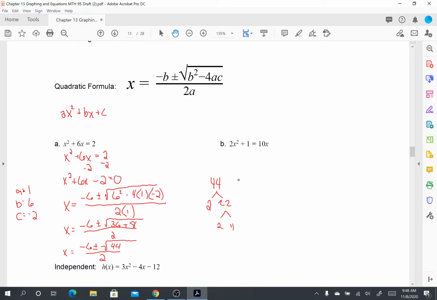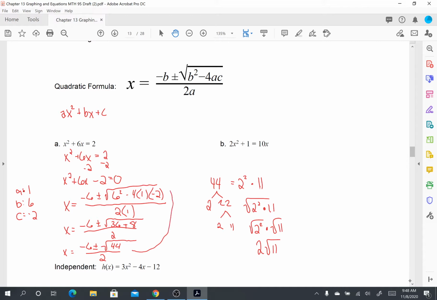So in this case, 44 is equal to 2 squared times 11, and the square root of 2 squared times 11 is the same thing as the square root of 2 squared times the square root of 11 separately, or 2 square root of 11. So we can simplify that square root.